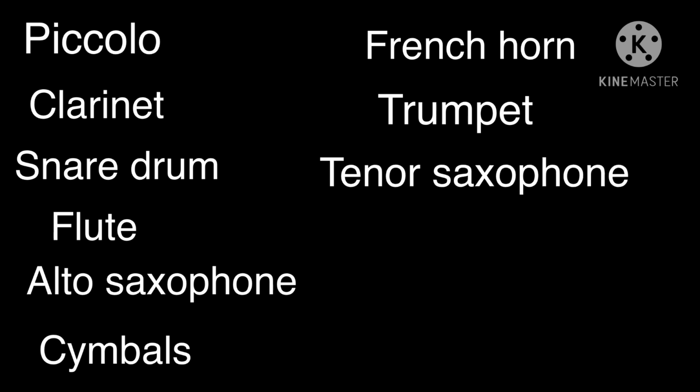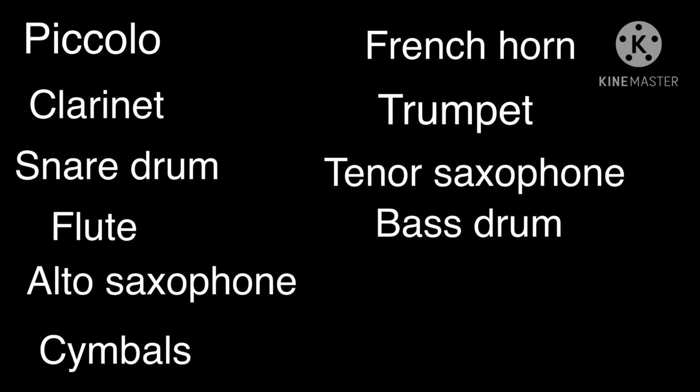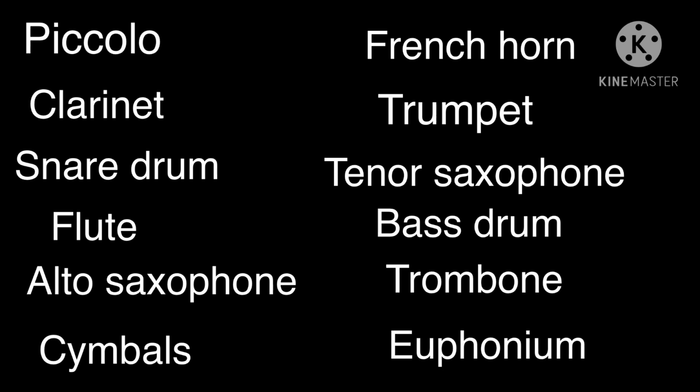Number 3, snare drum. Number 4, flute. Number 5, alto saxophone. Number 6, cymbals. Number 7, French horn. Number 8, trumpet. Number 9, tenor saxophone. Number 10, bass drum. Number 11, trombone. And number 12, euphonium.